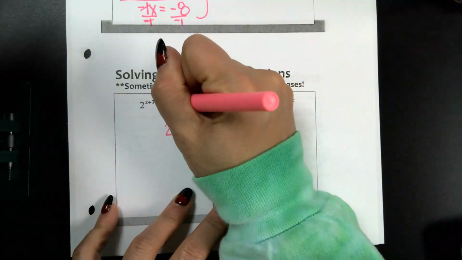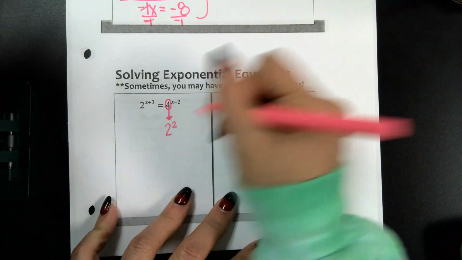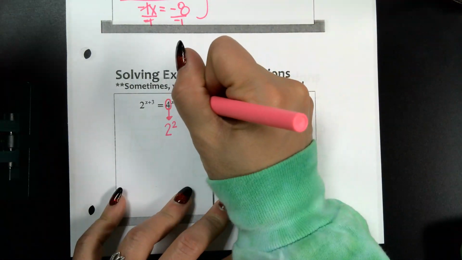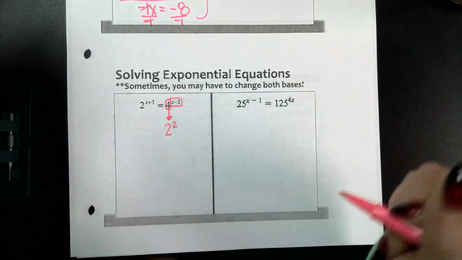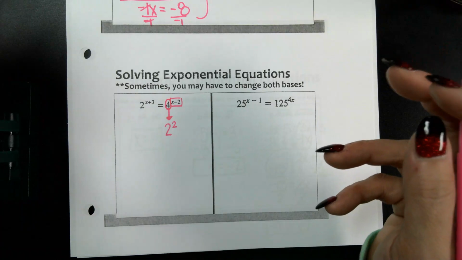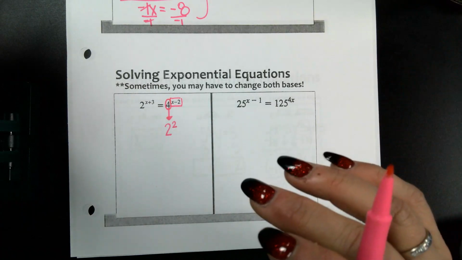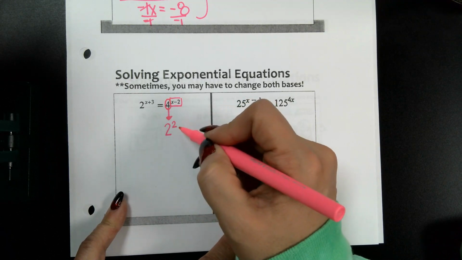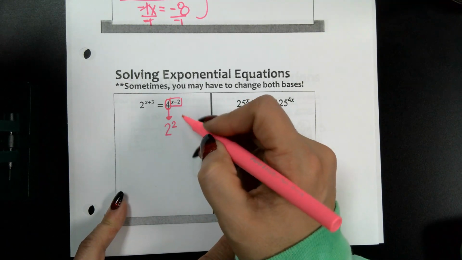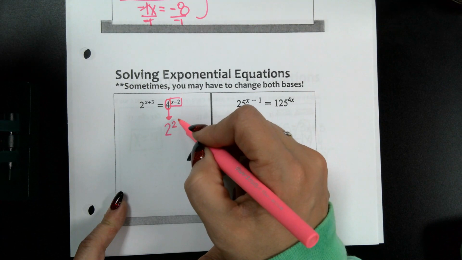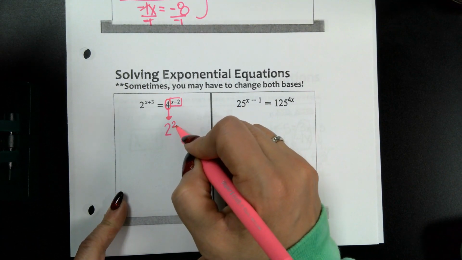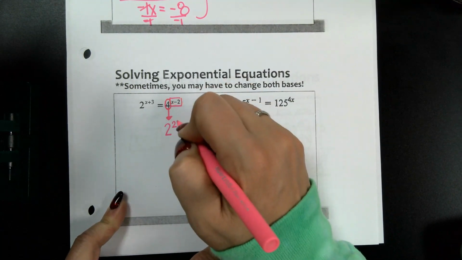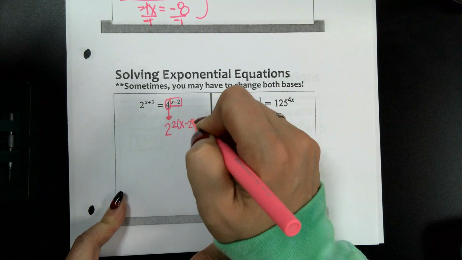If this 4 is the same as 2 squared, what happens to the exponent that was already there? It doesn't disappear. I'm going to keep it, and it's going to go right next to this 2. So since it's an expression, I should probably put it in parentheses.